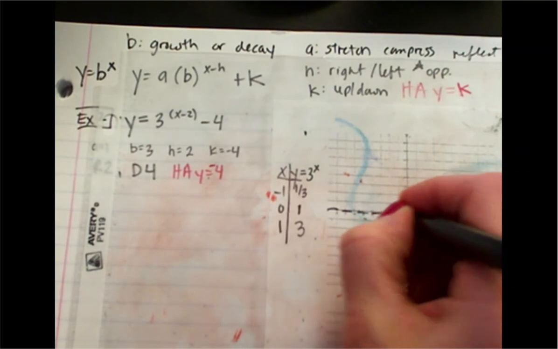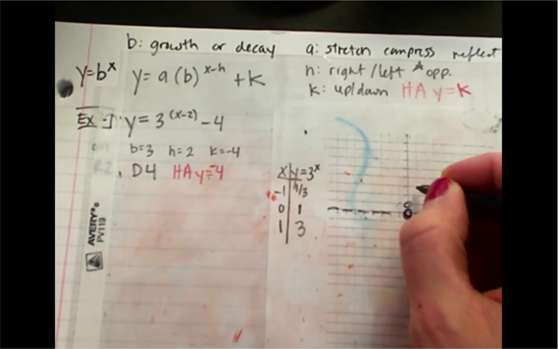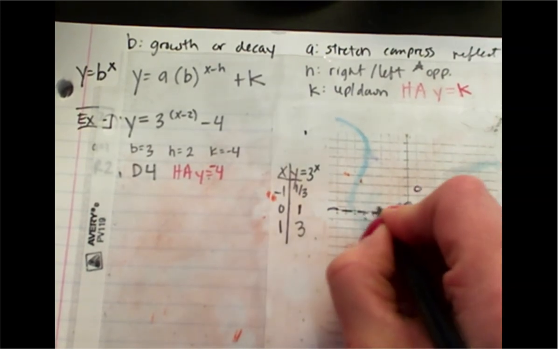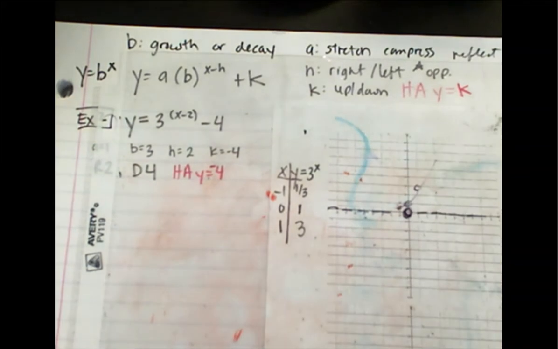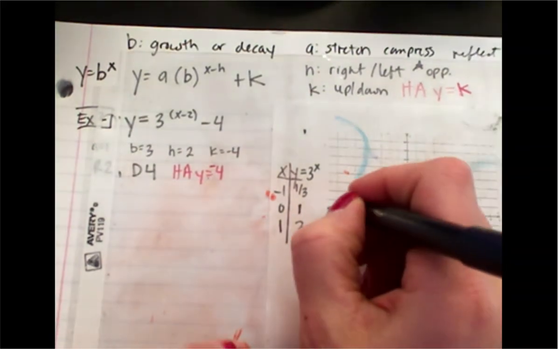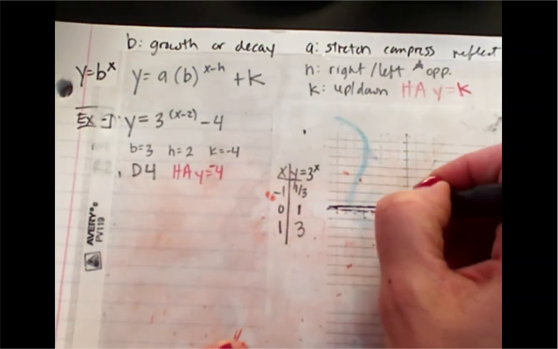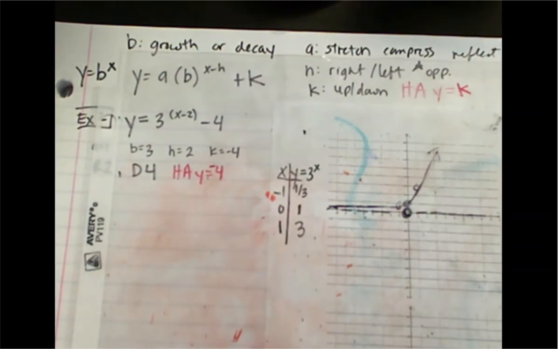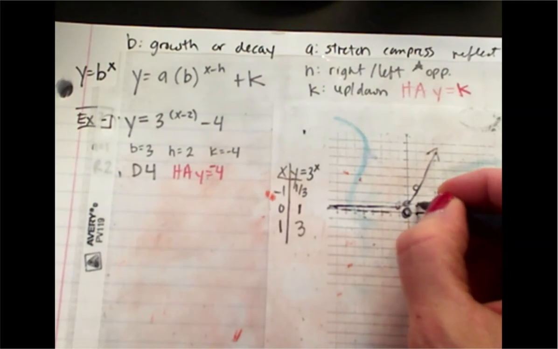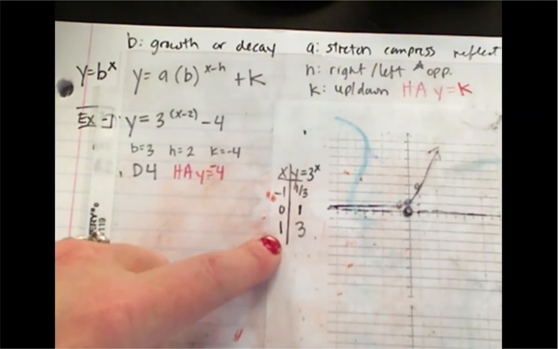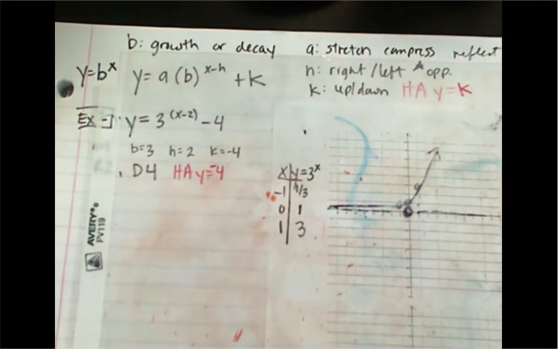Here's my asymptote. And here's my parent. Okay. Now, just watch this part. Oh, look, I can make the marker work just barely. There's my graph. Notice it was over 1, 1, 2, 3. There's my parent point. Now I have to shift this, right 2, down 4.